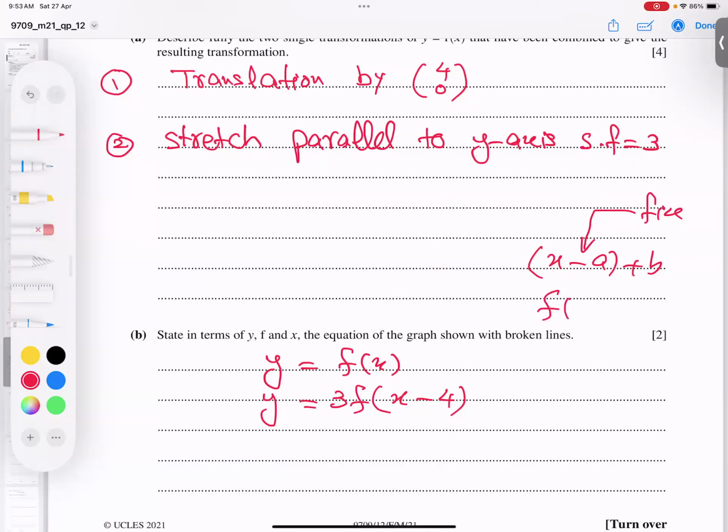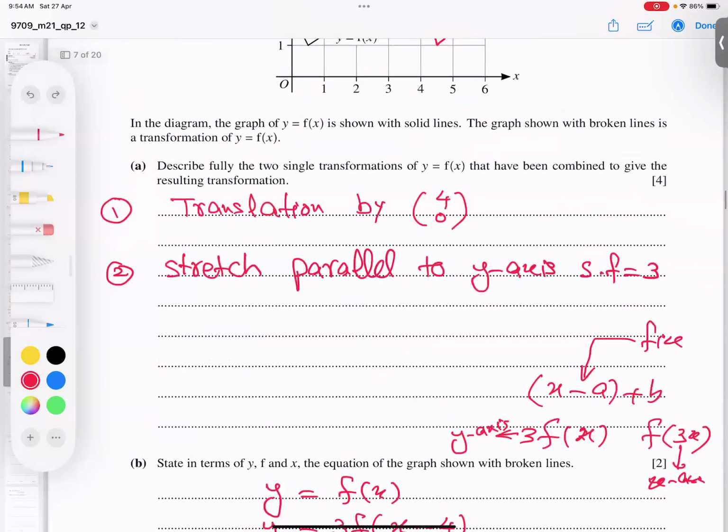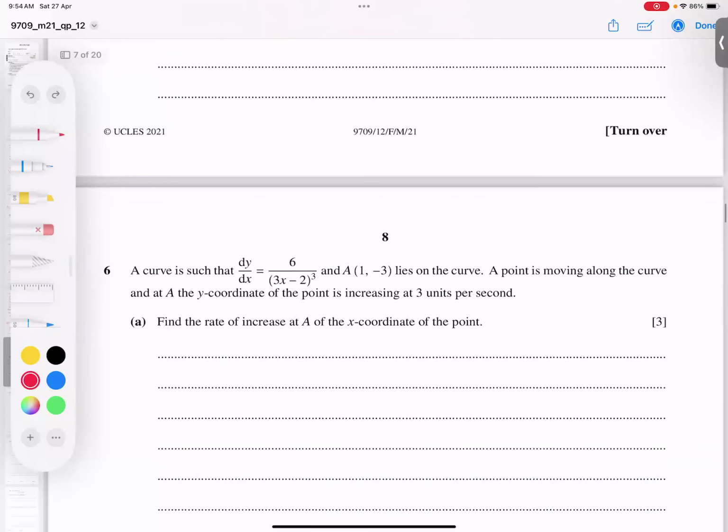You know, students, outside multiplying is called y-axis stretching, and inside multiplying with x is called x-axis stretching. Make sure this remains 3, and it becomes reciprocal 1 by 3 if it comes in the bracket. As a quick revision, I hope you got the point.